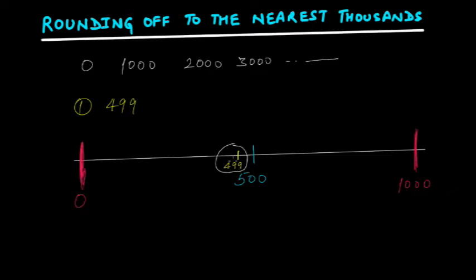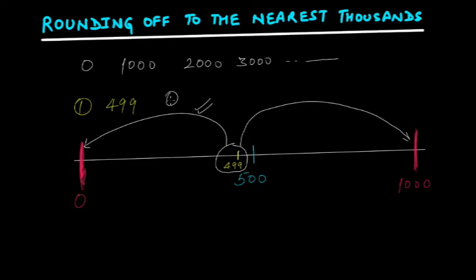Tell me, is 499 nearer to 0, or is it nearer to 1000? Of course, it is nearer to 0, right? This is 0, this is the center line 500, and 499 comes much closer to 0. Therefore, if you round it off to the nearest thousands, the answer would be 0.